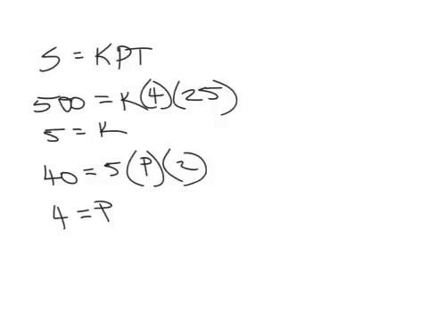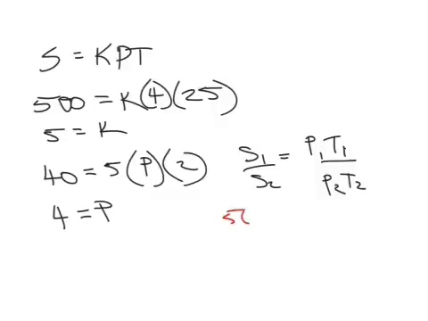Okay, and again, you can use S1 over S2 equals P1 T1 over P2 T2. And then that would give us S1 was 500, that was our initial strawberries. Our final strawberries was 40.